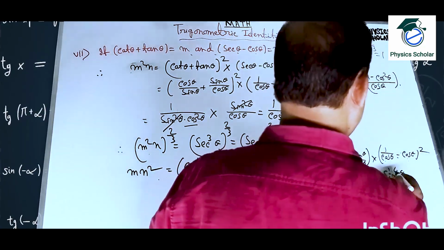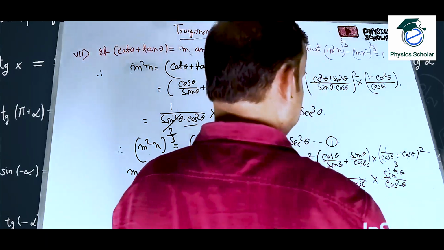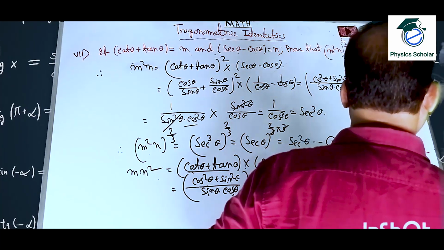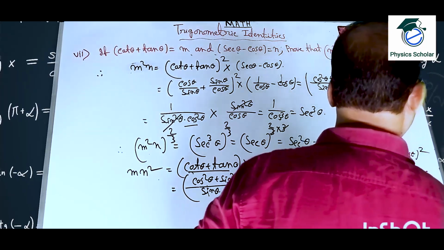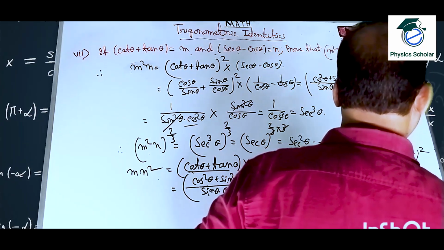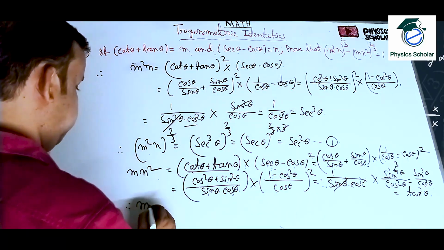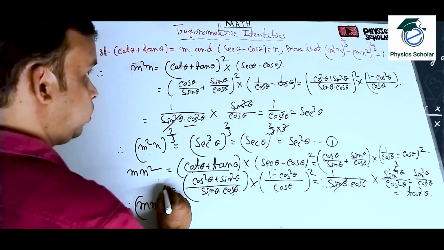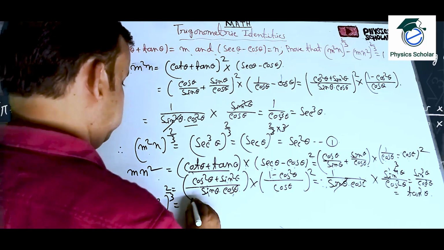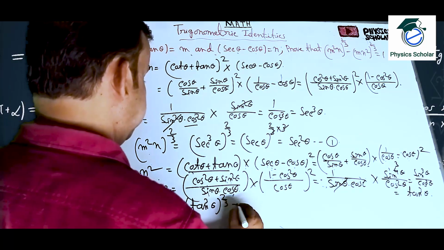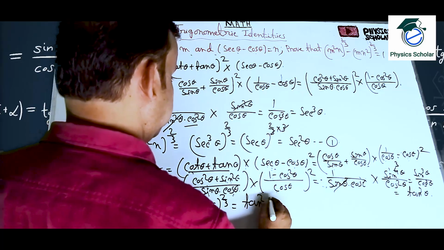Clear? So that will be cancelled. So it will be sin cube theta by cos cube theta, which is equal to tan cube theta. Now m n square whole to the power 2 by 3 is equal to tan cube theta whole to the power 2 by 3, which is tan square theta.